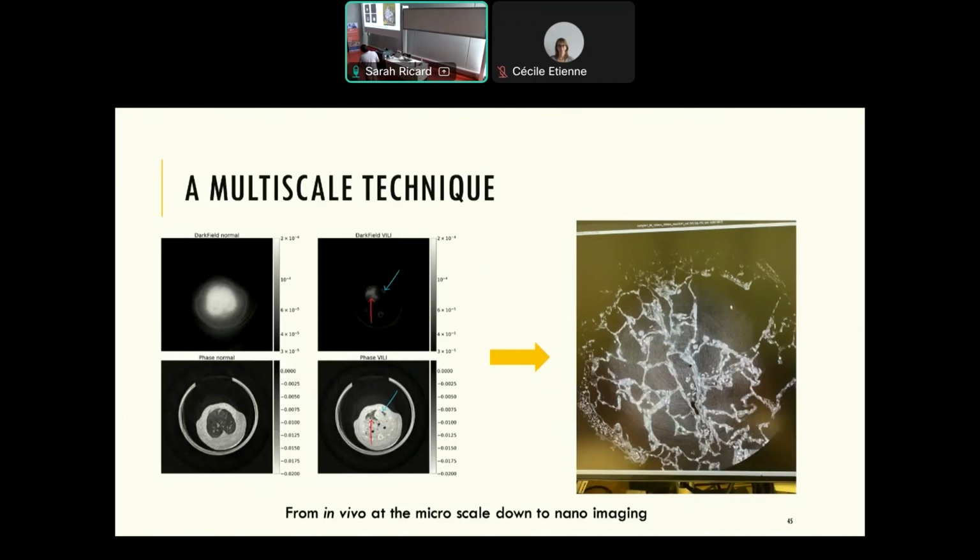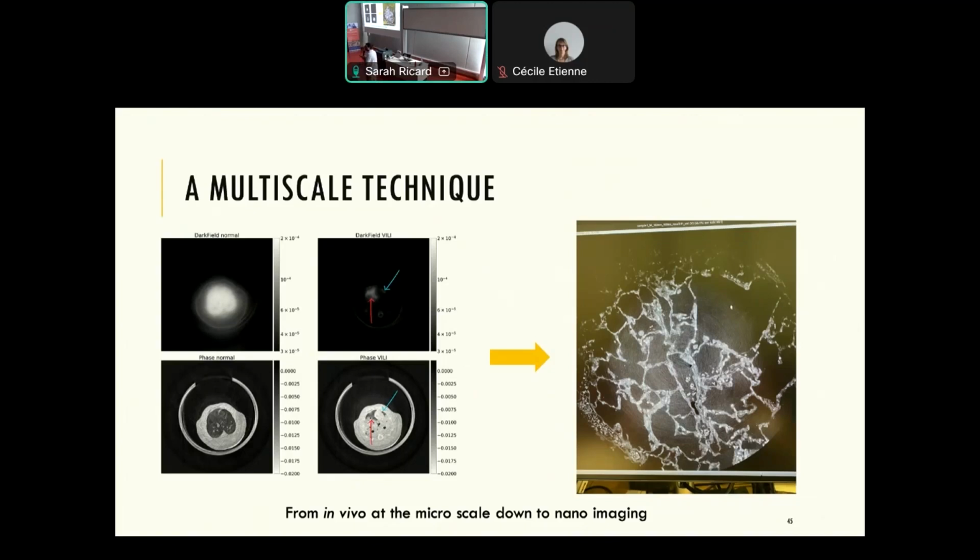But what's interesting is that you detect abnormalities that you don't see in the phase contrast, and the absorption would be the same here. So here, for instance, if we look at those two regions, black ones, they have exactly the same value. While in the dark field method, one is not visible.